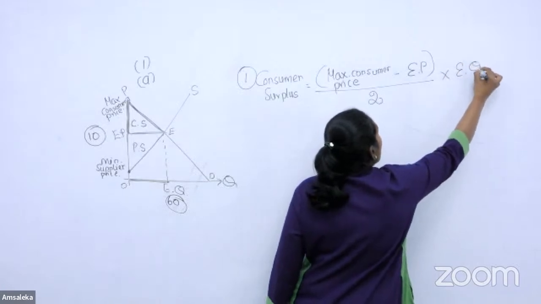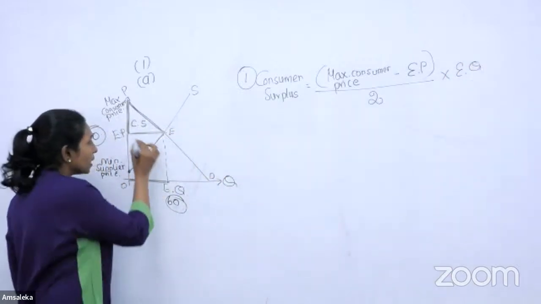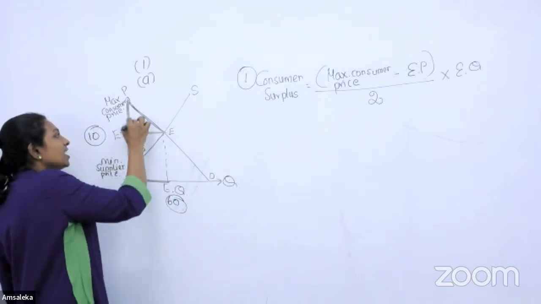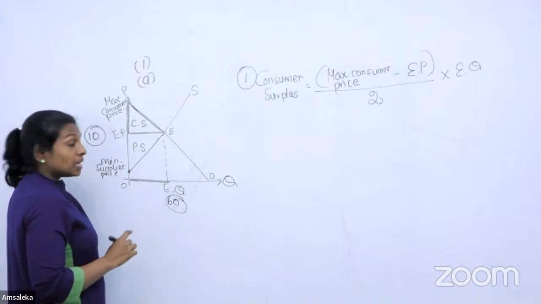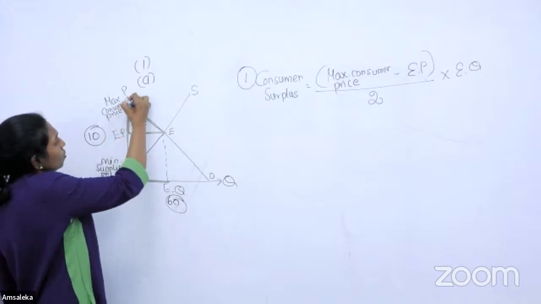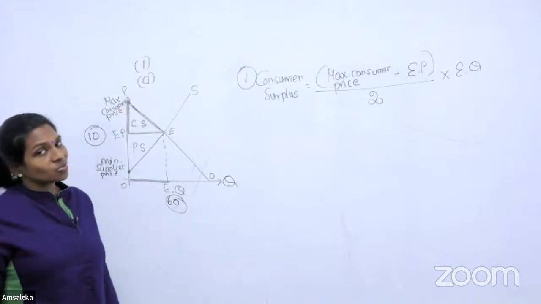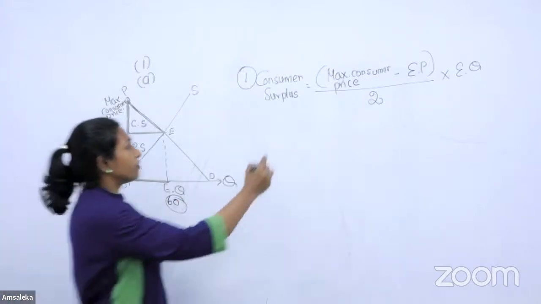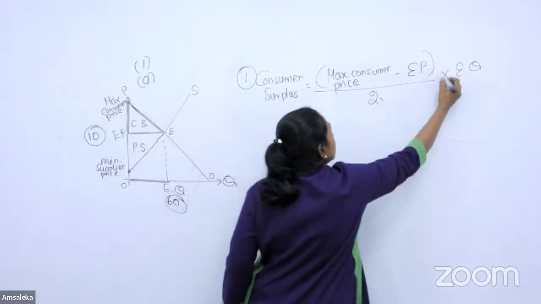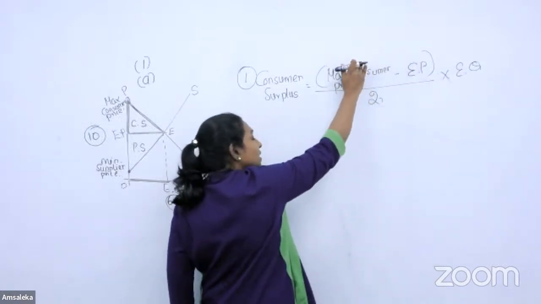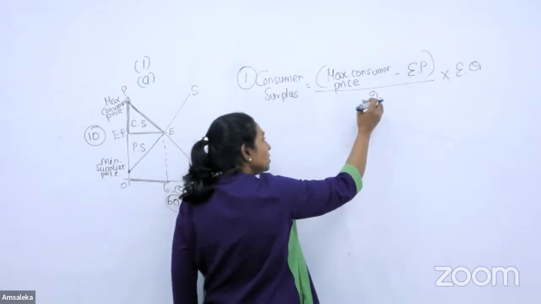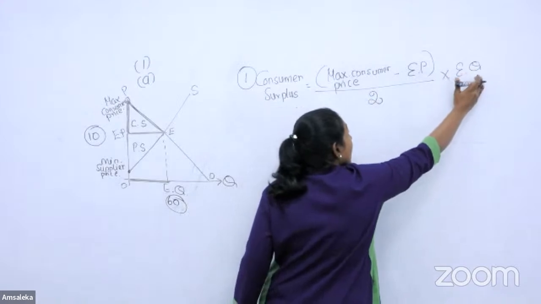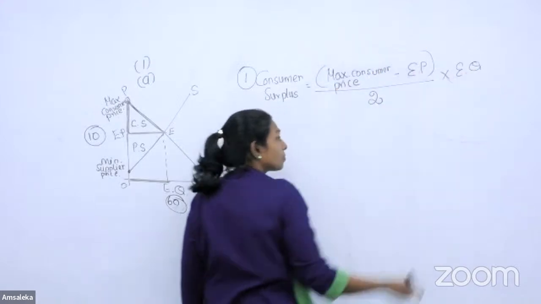Base is the equilibrium quantity, which is 60, so the same 60 comes here. But height is the only problem. EP we know. Do we know the maximum consumer price? No. That we want to find out. Then only we can fulfill it. So half into base into height.